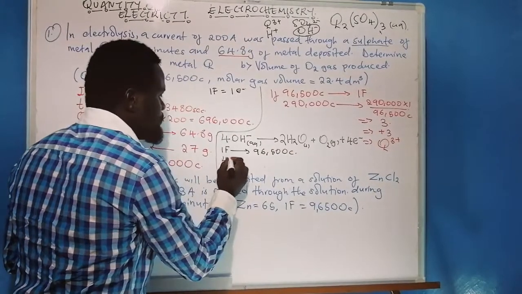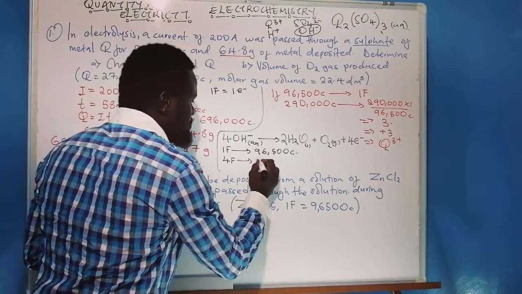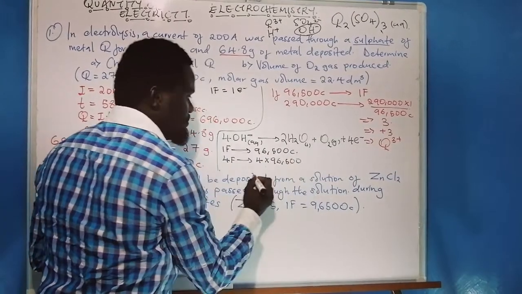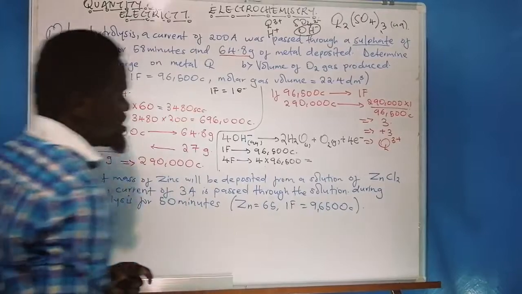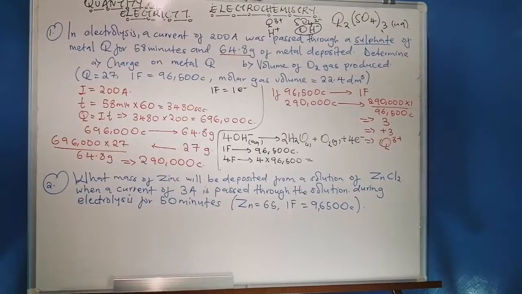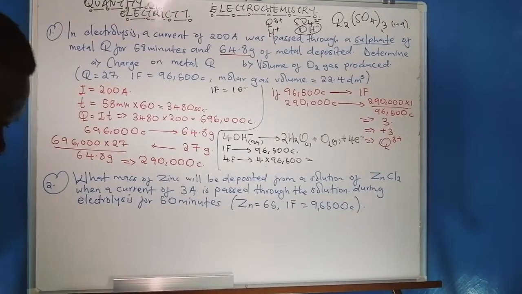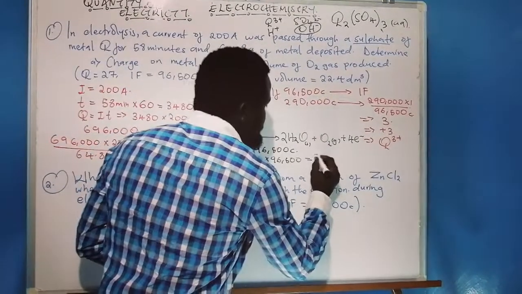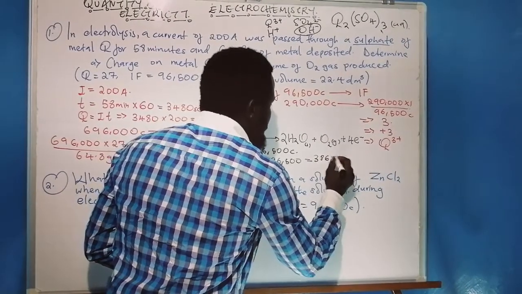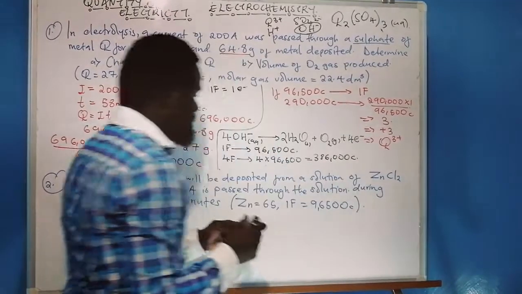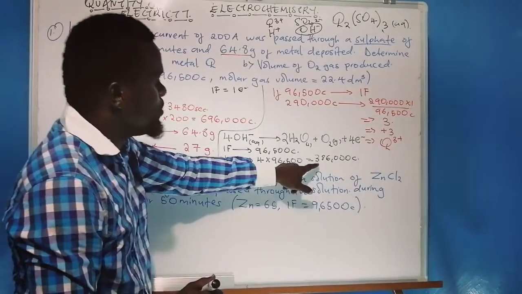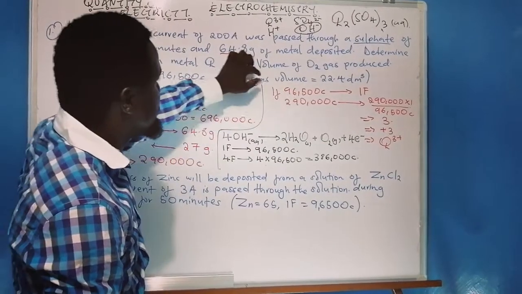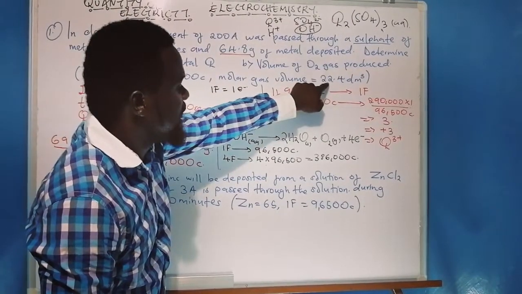How about 4 Faraday? 4 Faraday will be 4 times 96,500 coulombs divided by 1. So when you punch that in your calculator, you will have 386,000 coulombs. So this 386,000 coulombs produces 1 mole of oxygen, and 1 mole of oxygen is 22.4 decimeter cube.